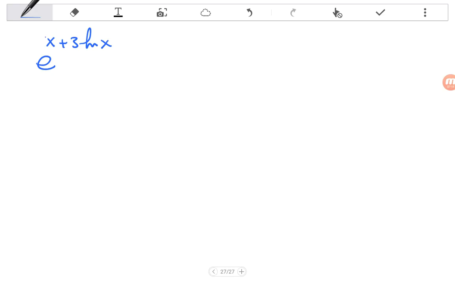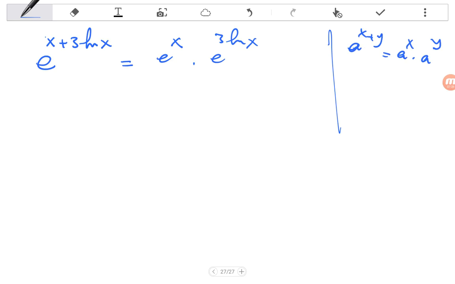If I have a sum of exponents, I may write it as e to the power x times e power 3 ln x. We know the rule that a power x plus y is just a to the power x times a to the power y. These are the rules of exponents that we learned before.